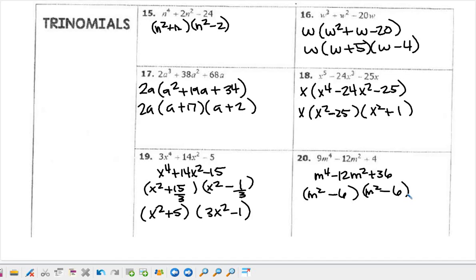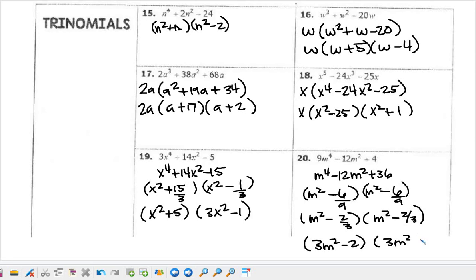Two negatives multiply to be a positive 36, add to be a negative 12. But we have to divide that 9 out. And remember, you have to reduce before you do bottoms up. So this would be m squared minus 2 over 3, m squared minus 2 over 3. Which gives me 3m squared minus 2 and 3m squared minus 2. Which you could write as 3m squared minus 2, squared. Same thing, right?